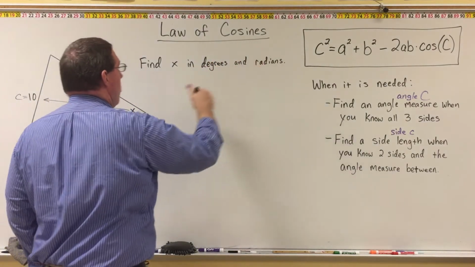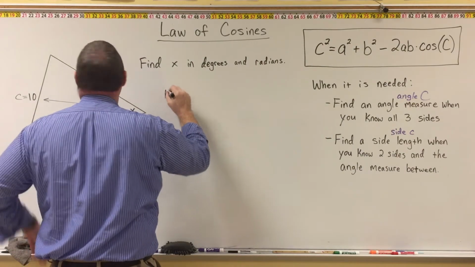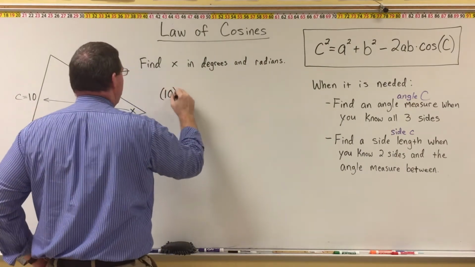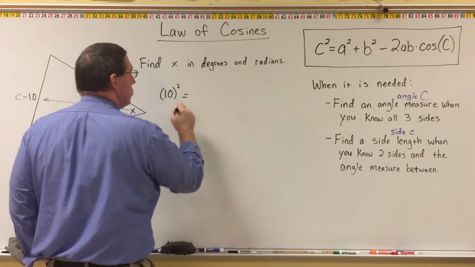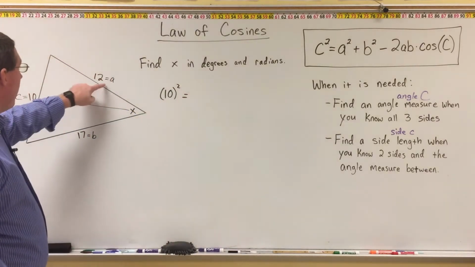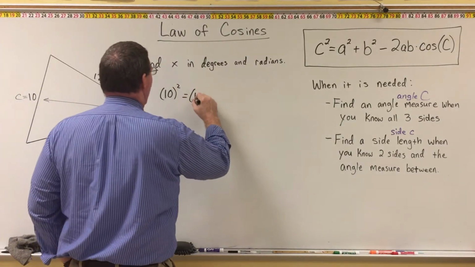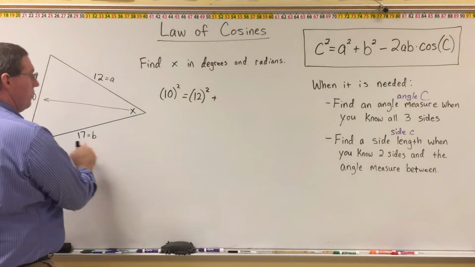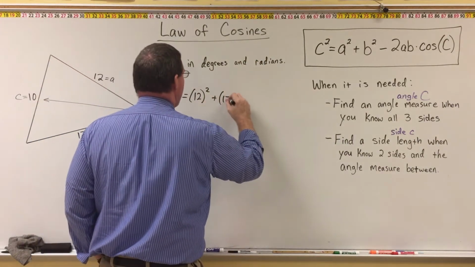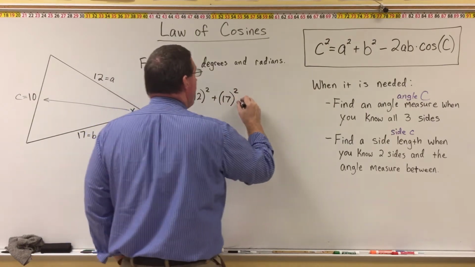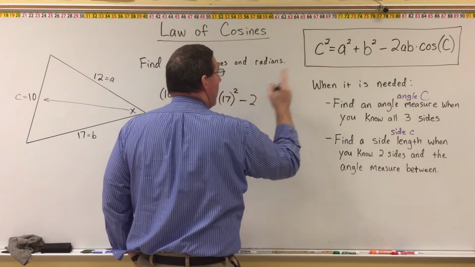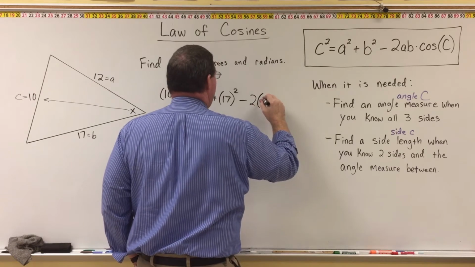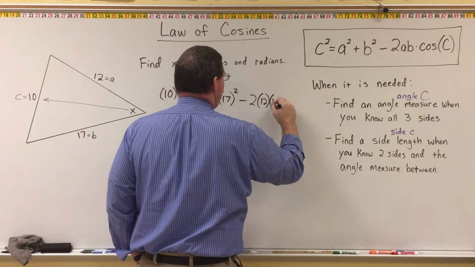All right, so we're going to set this up. It says C squared, so that's going to be 10. C is 10. 10 squared is equal to A squared. Well, A is 12, so 12 squared plus B squared. B is 17, so I'll put 17 squared minus 2 A times B. Again, A is 12, B is 17.